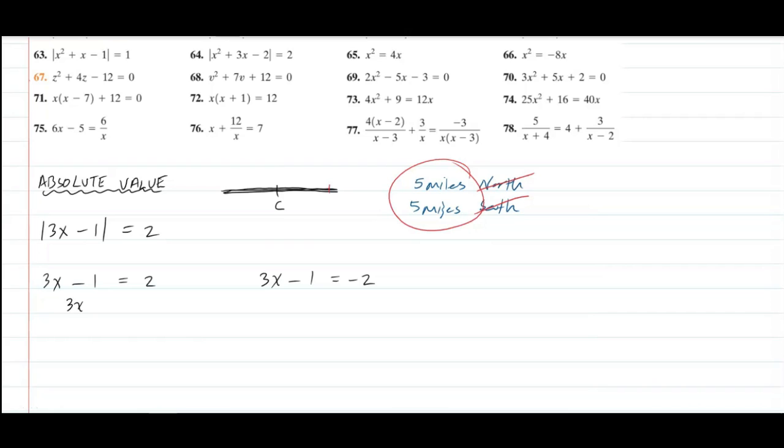So the first problem becomes 3x is equal to 3, x is equal to 1. The second problem becomes 3x is equal to positive 1, because that negative 1 moves over and becomes a positive 1, and then negative 2 plus 1 is a negative 1. And so x is equal to negative 1/3.